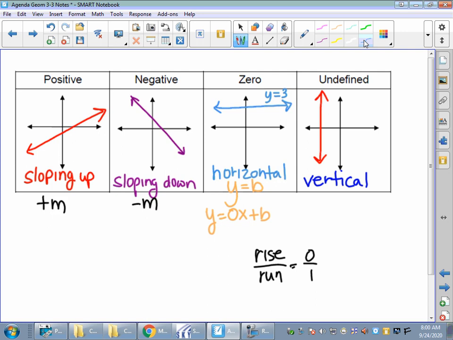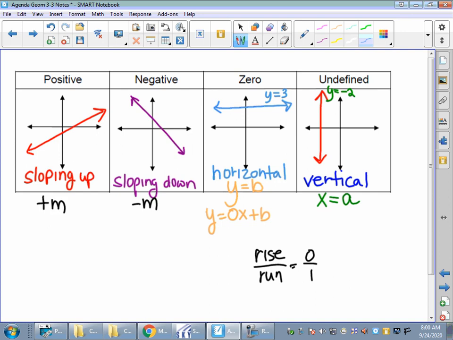It only goes up and down the page. If you ever see an equation like x equals something, I'll just say a, some value, there's no y's in the equation at all, that's an undefined slope. That is a vertical line. This equation right here might be x equals -2.